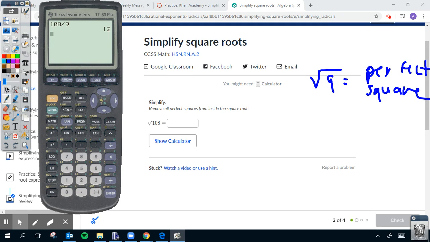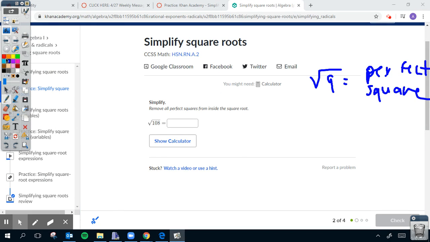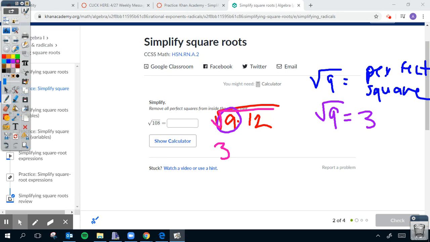So what happens is that I could rewrite this as the square root of 9 times 12. Which one of these is a perfect square? Well, I know 9 is a perfect square, and the square root of 9 is 3. So that 3 no longer needs to be under the radical. So I can bring it out as a 3, and what is remaining under the radical is 12.